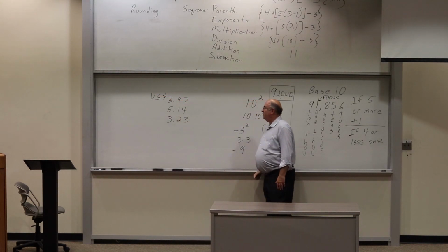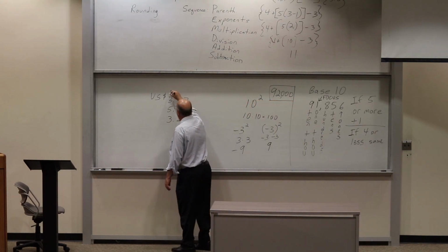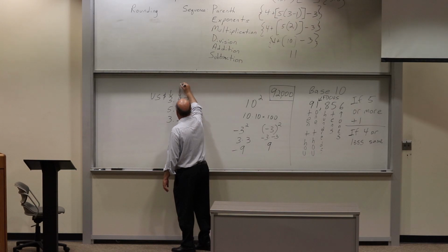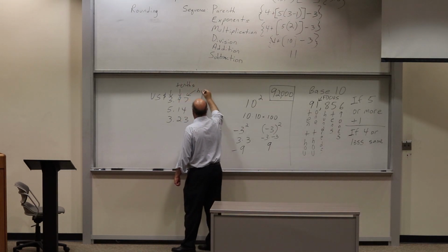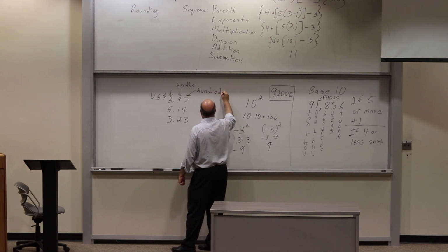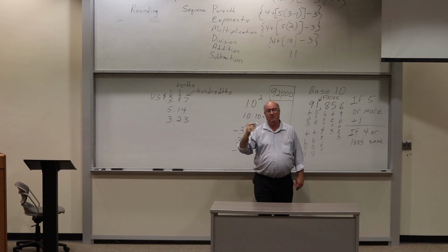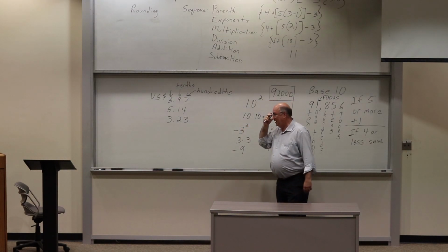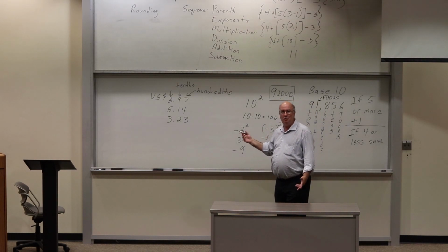Okay, so 397, our focus numbers are the ones column. Now we have decimals going on. So with decimals going on with the cents for US dollars, you might be watching this from another country that doesn't use US dollars.